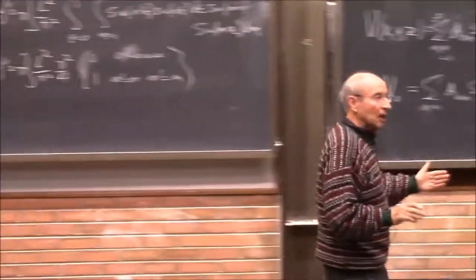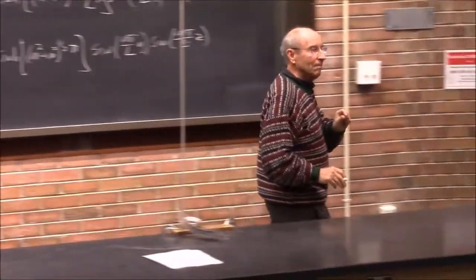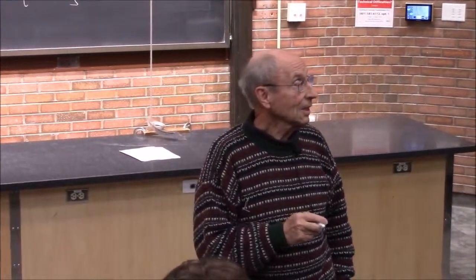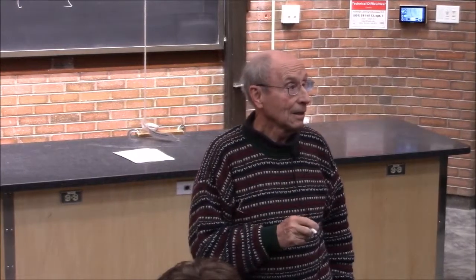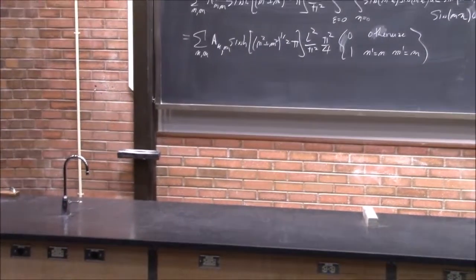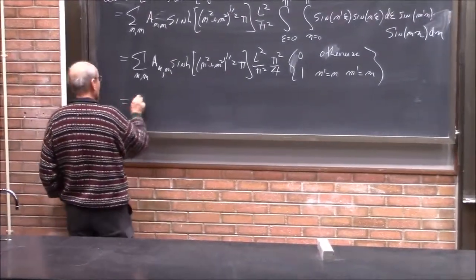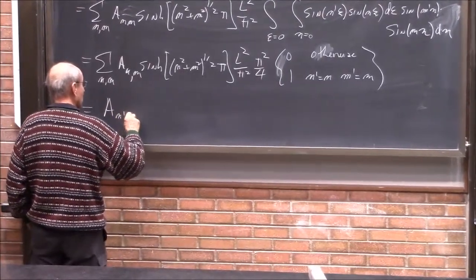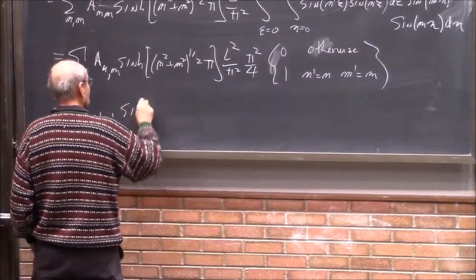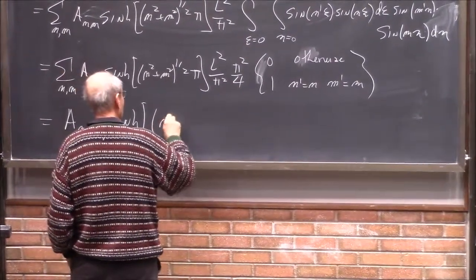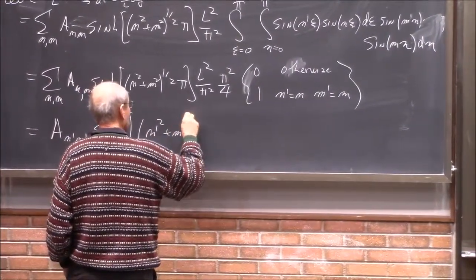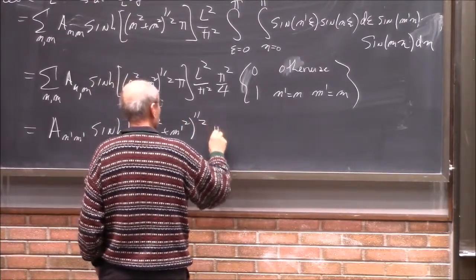So I've taken this sum and I've reduced it to one term, the term that has n prime equal n and m prime equal m. Making sense? So this sum then is a n prime m prime times the hyperbolic sine of (n prime squared plus m prime squared) to the 1/2 times pi.